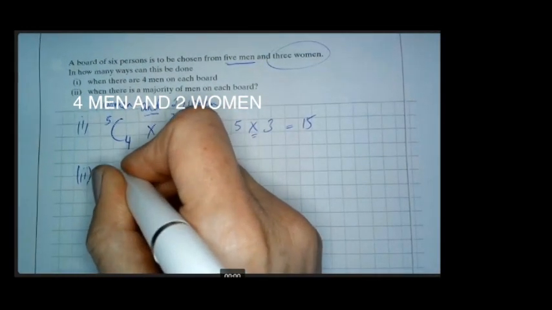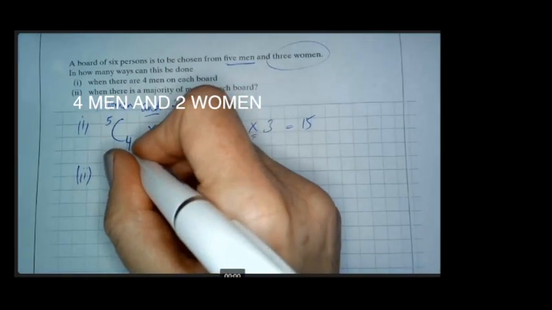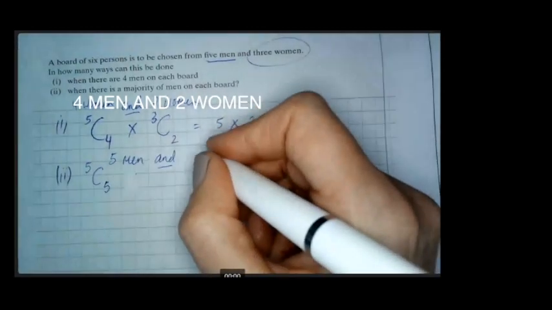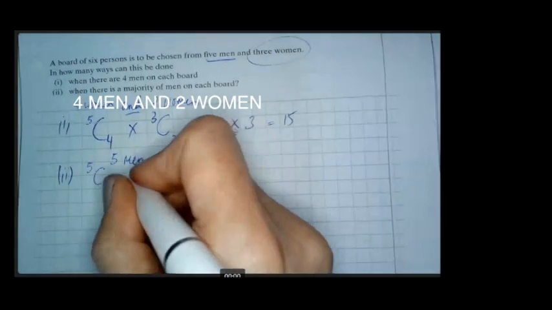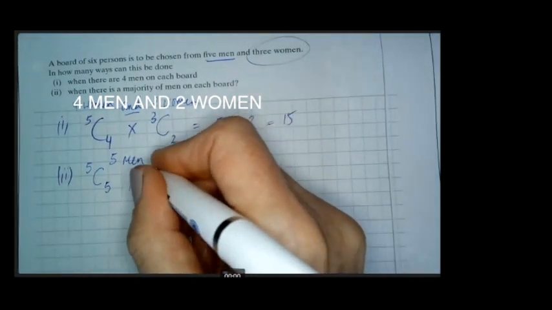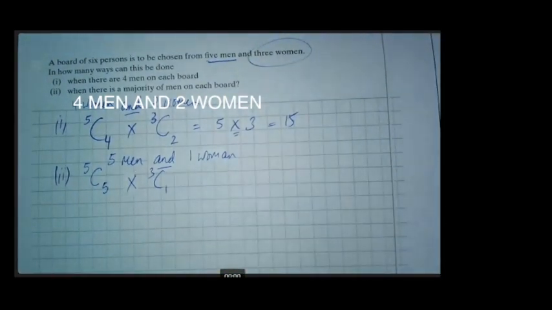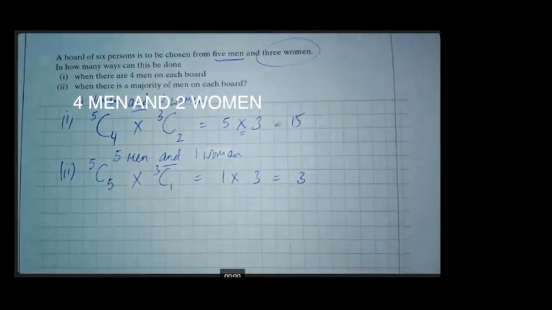So if we're choosing 5 men from 5 men, I would need 1 woman to make up the 6 on the board. So the "and" brings times in, I want 1 woman, and I'm choosing from 3 in total. There's 3 available. So 5C5 times 3C1 is 1 times 3, which is 3.